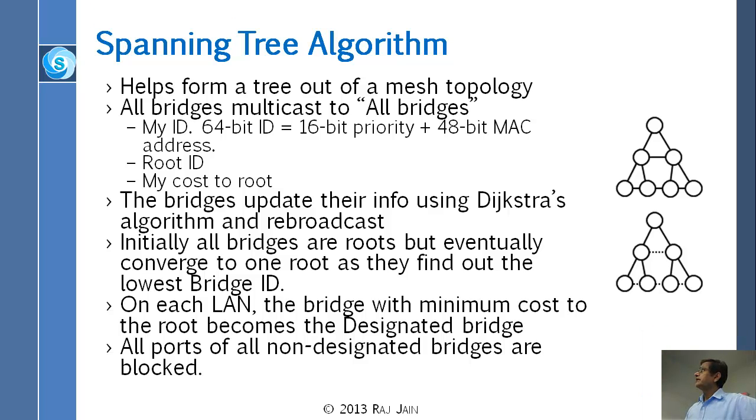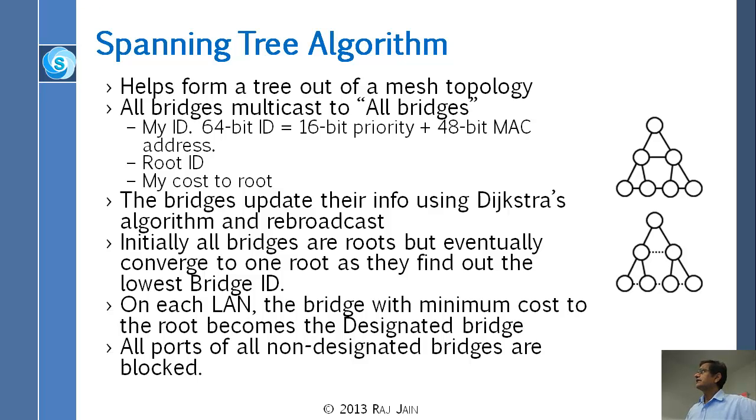Basically, what spanning tree does is it makes a tree out of any graph. You can connect the way you want, and the computers or the switches will automatically figure out which links should be disconnected to make it a tree.